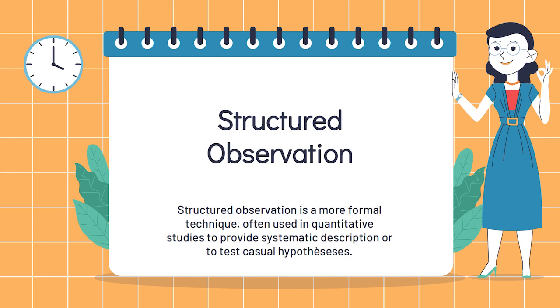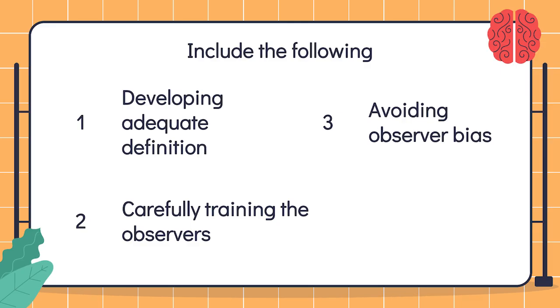Other steps that can be taken to increase the reliability of structured observation, as well as unstructured observation in some cases, include the following. 1. Developing adequate definition of the kinds of behavior that are to be recorded, and being certain that they correspond to the specific concepts to be studied. 2.